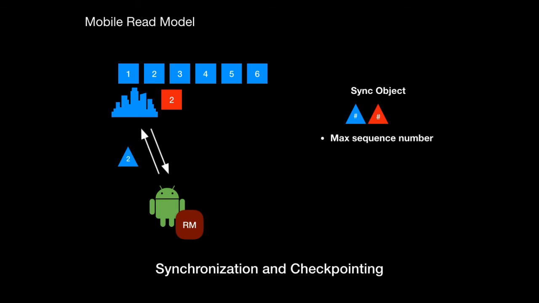And that will tell the data center where in the event log that user is, or that device is. And so the last event that the Android device saw was event 2 in the blue data center.